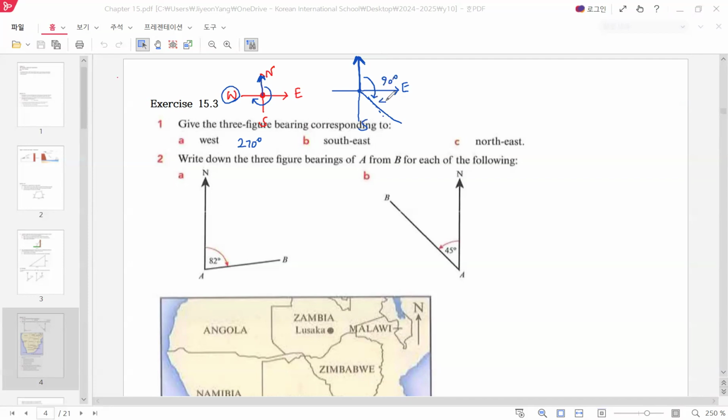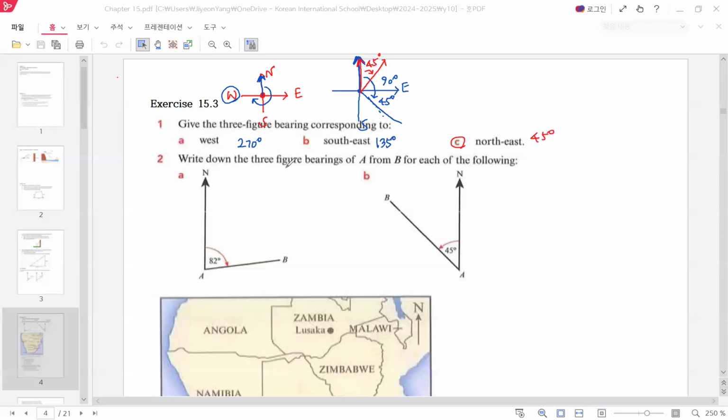Half of 90 degrees is 45, so it's going to be 135 degrees. Northeast, see, northeast here. From the north point, you can measure this angle clockwise, which is 45 degrees.